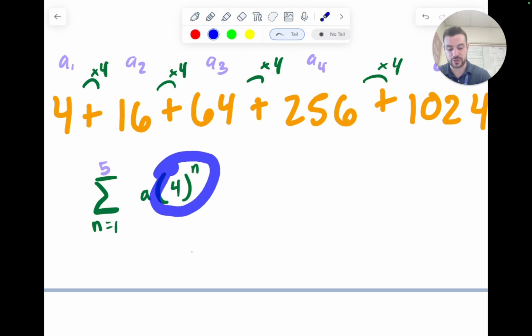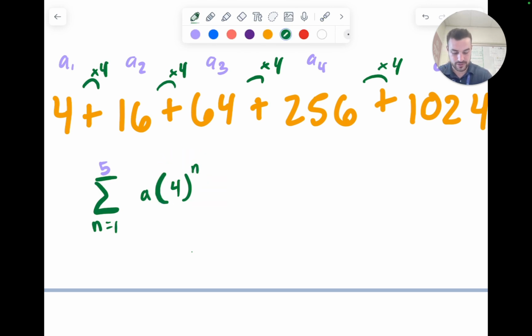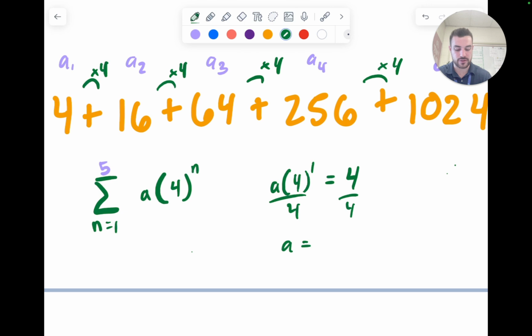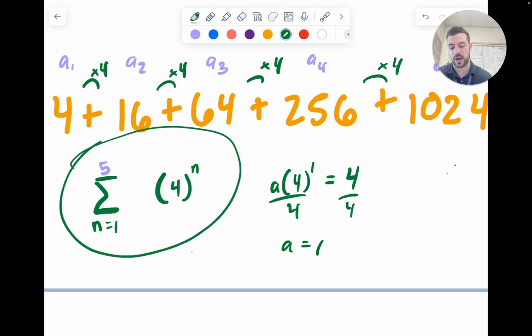What I should be able to do is take this explicit formula, and let's say I want to find my first term, which is 4. And that means I want to plug in 1 for n, because 4 is my first term. And I can solve to find out that a is just 1, so I don't really need it in there. This is going to be the summation notation of the series described above.